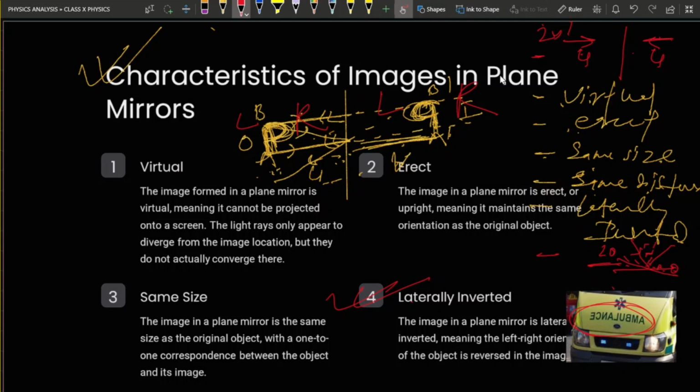You must say 20. If the object is running at the rate of 20 kilometer per hour, the image will also run at the rate of 20 only. But relative to the object, it will appear to be 20 into 2, 40 kilometer per hour. So these are the characteristics of the image formed in a plane mirror.